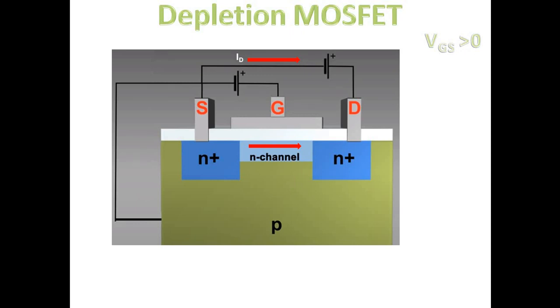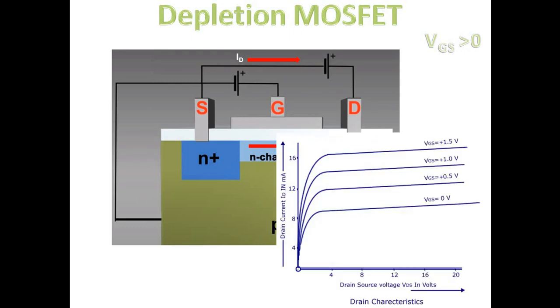Okay, so if you have VGS greater than 0, then the drain characteristics become something like this. So we go on increasing VGS a little bit, VGS equal to 0.5, 1, 1.5 on the positive side. What you have is higher and higher saturating current, because the voltage that you have applied is attracting more carriers into the channel, enhancing the amount of carriers in the channel and enhancing the drain current thus.